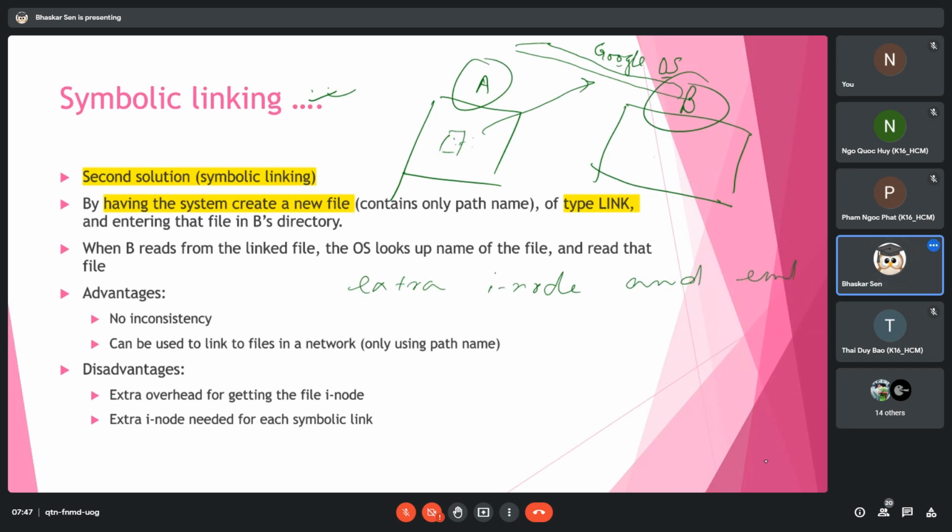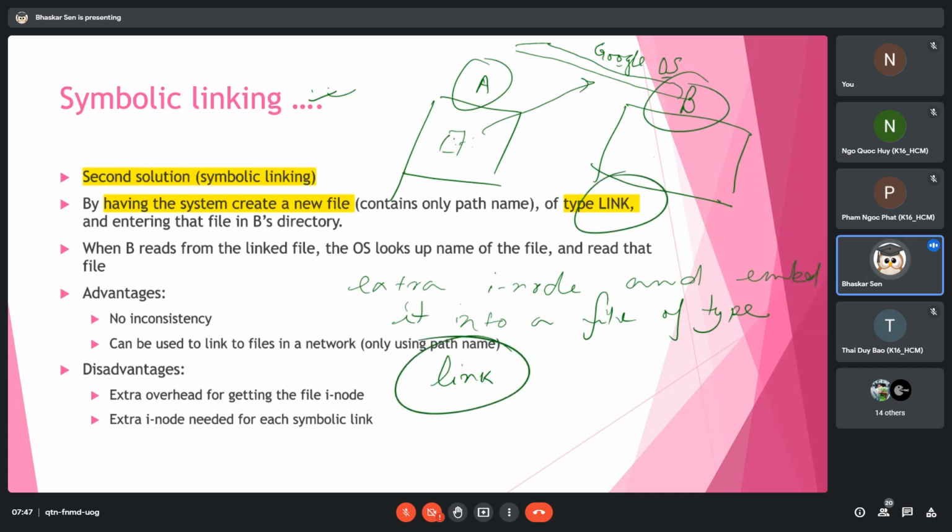and embed it into a file of type link. So it will embed it inside a file of type link.